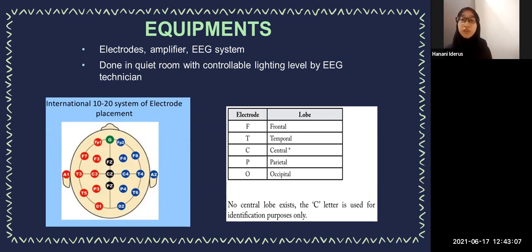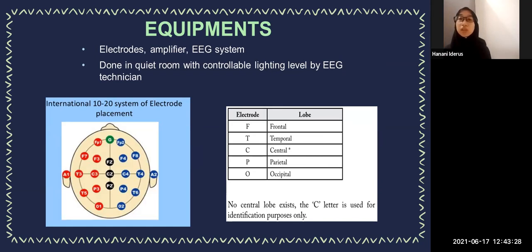For the amplifier, the electrode will detect the brain signal. However, the brain signal is usually very small, so we need the amplifier to enhance it. And the EEG system is where the amplified brain signal will be collected.